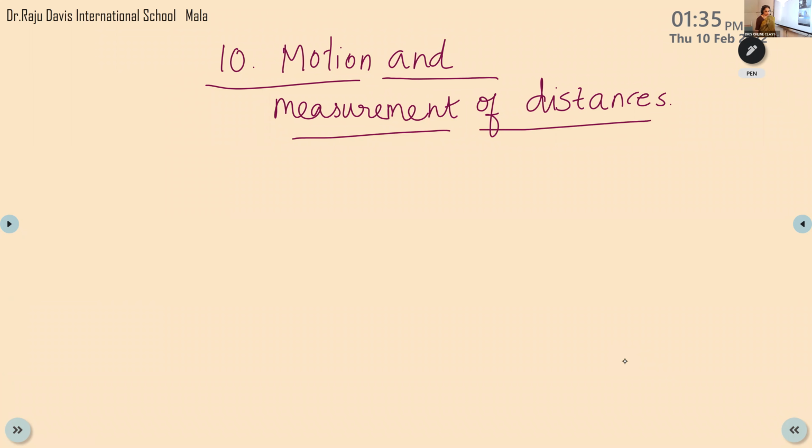So how many types of motion are we learning this year? Four types of motion. Aramal Shaji, what is the name of the first type of motion? Tell it, Aramal. Rectilinear motion.